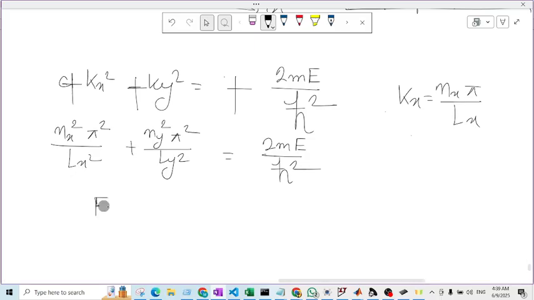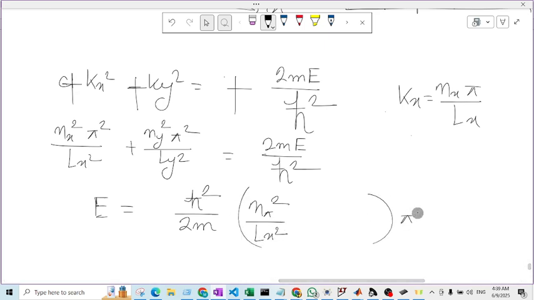So I have E is equal to h bar square divided by 2m, then nx square divided by lx square. Let's take pi common here, so ny square then ly square.